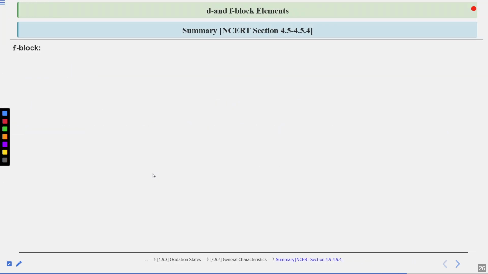Okay, so let's cover the summary. We have covered today the NCERT sections 4.5 to 4.5.4. We have talked about the f block, in which lanthanoids, after lanthanum, are similar and mostly show one oxidation state, and actinoids, after actinium, show complex properties, varied oxidation states, and are radioactive.